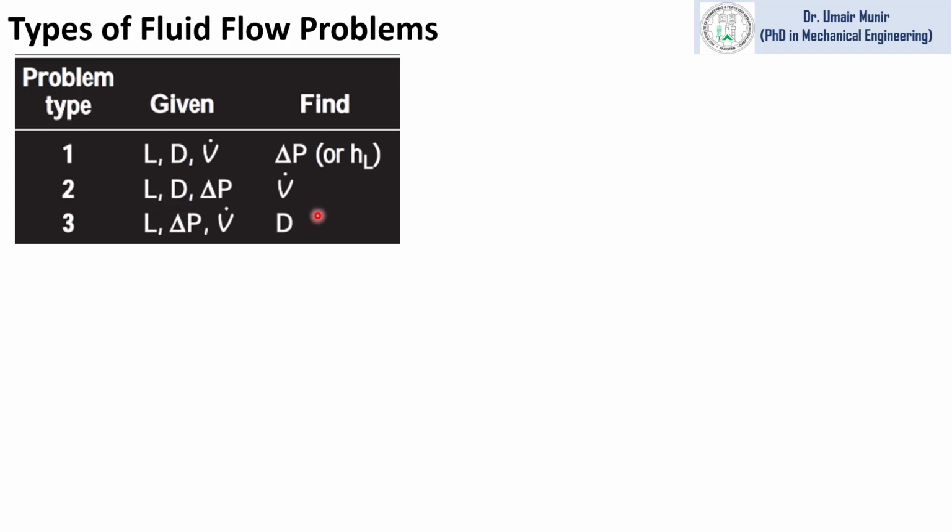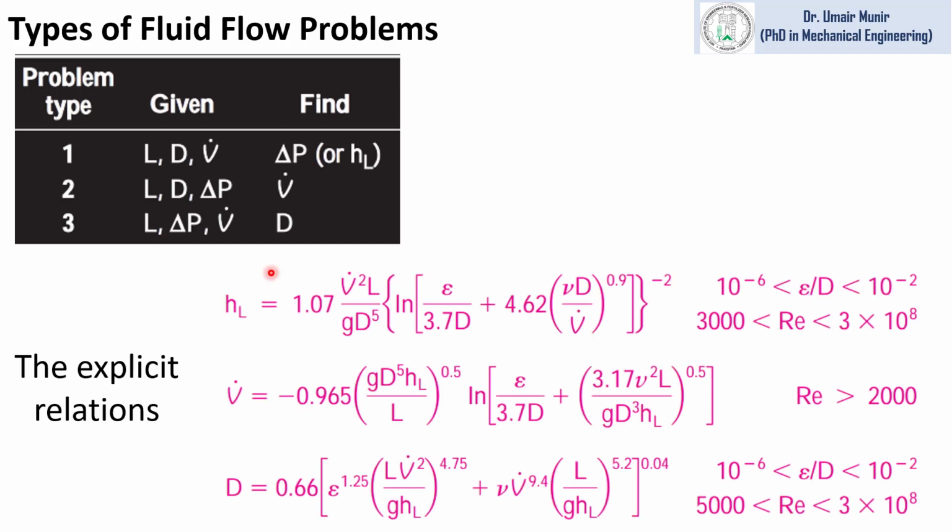And in the third type, we need to find the diameter of the pipe when pressure drop, volume flow rate and length of the pipe are known. These explicit relations for head loss, volume flow rate and diameter of pipe can also be used for piping system design, and these relations are valid in the following Reynolds number range.